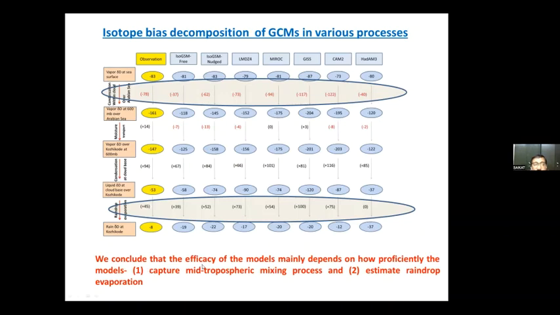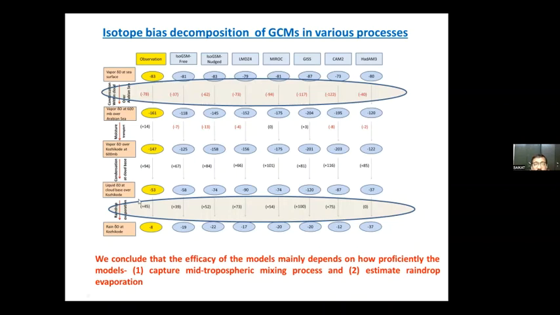So we conclude here that the efficacy of these models mainly depends on how effectively the model captures the mid-tropospheric values. The model which captures the mid-tropospheric vapor isotope values is the model which captures the rain isotope values finally.